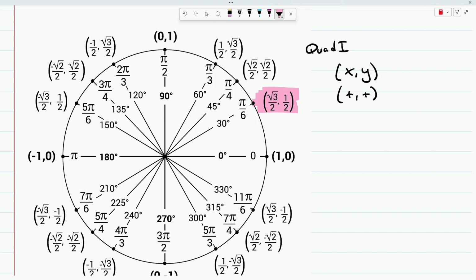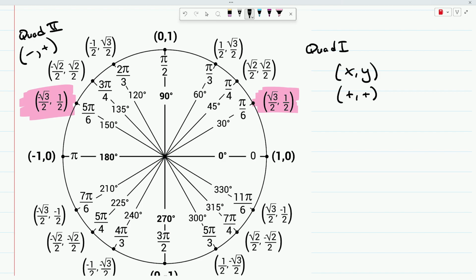However, if I just reflect this about the y-axis, notice that we now have negative square root of 3 over 2, comma, positive 1/2. And that's because, if you remember, in quadrant 2, all of your x values are negative values, but your y values are positive.